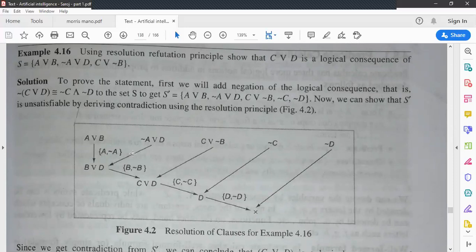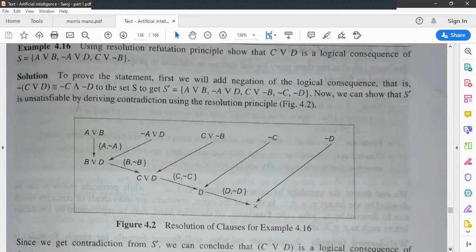We can prove again by combining. You have to choose the two clauses such that you get complementary literals. When you get complementary literals, you just cancel them, and then if you get a cross, which states that it is over, means no further clause is there.